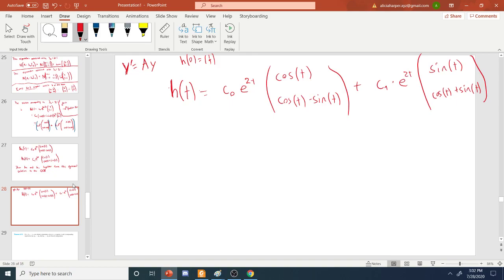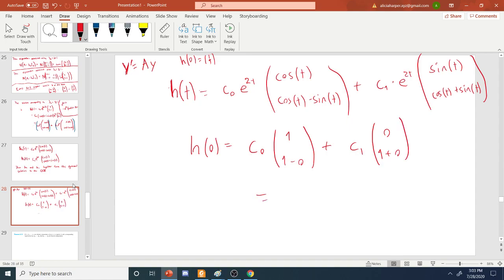Well, if I set t equal to 0, then I get h of 0. e to the 2 times 0 is just 1, so this becomes 1, because cosine of 0 is 1, and then 1 minus 0, plus c1 times 0, 1 plus 0, which means this is the same thing as c naught here, and then c naught plus c1 here, which shows that if this is equal to 1, 1, then we have c naught is equal to 1, and we have c1 is equal to 0.